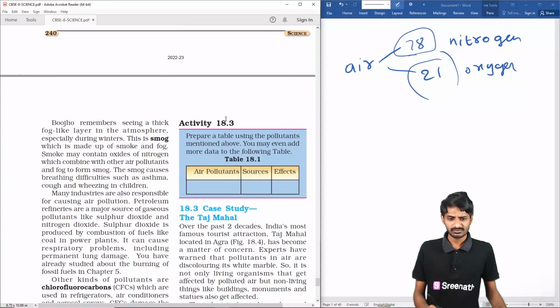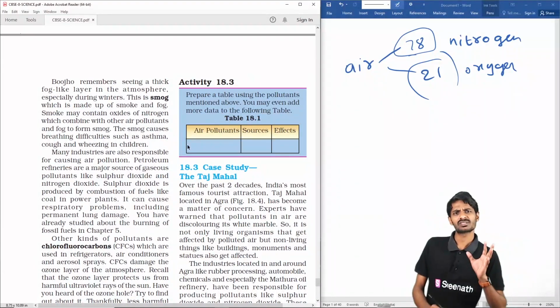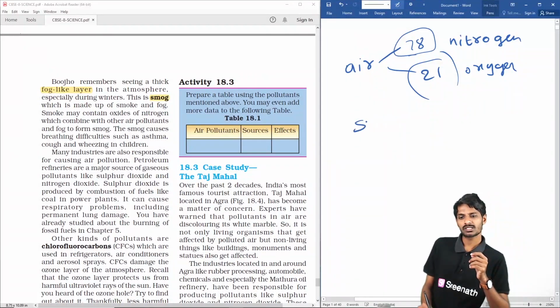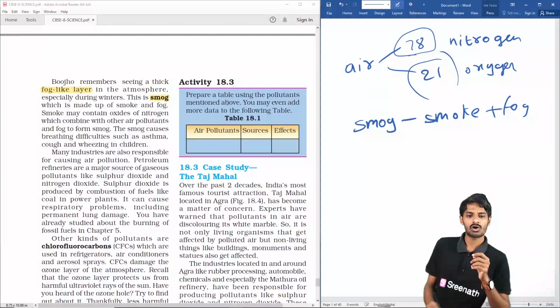Sometimes in the winter, you must have also noticed a thick fog-like layer in the atmosphere in the winter mornings. That is called smog. Smog is the mixture of smoke and air. Smoke plus fog is smog, students.